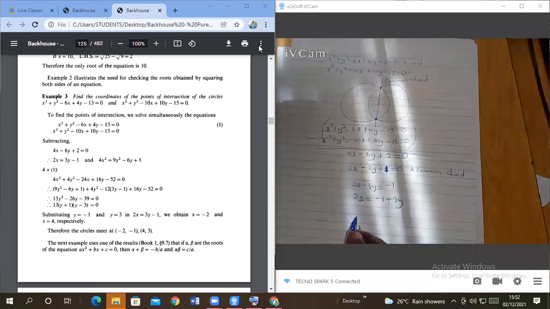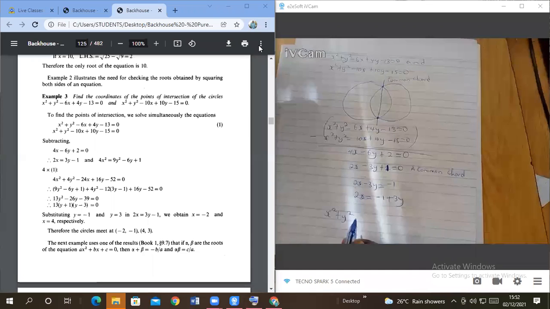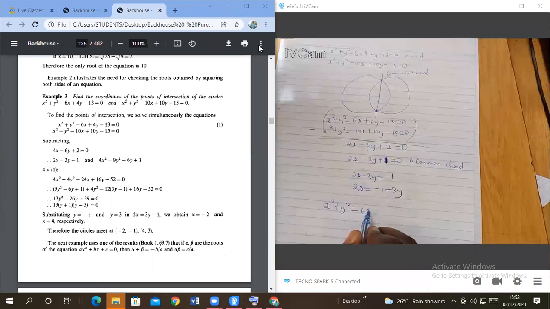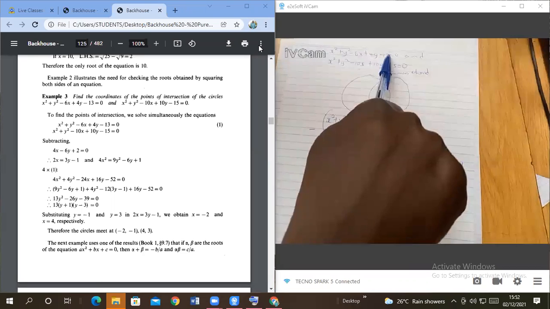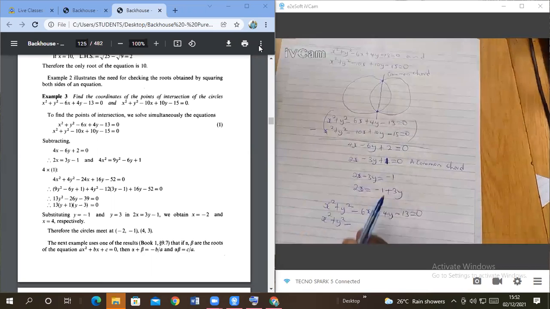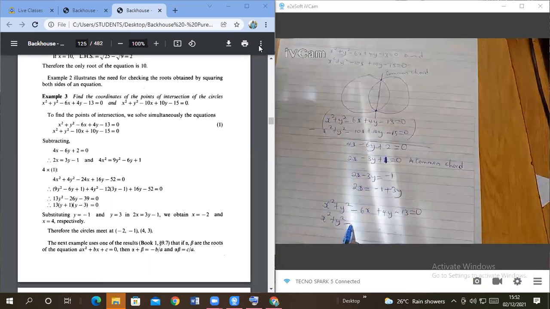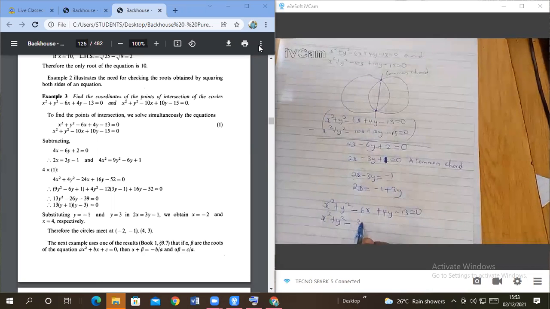We have x squared plus y squared minus 6x plus 4y minus 13 is equal to 0, equation 1. Now I'm going to redefine equation 1 so that I don't waste time making x the subject. I would say x squared plus y squared, instead of 6x, I would say 3 times 2x, plus 4y minus 13 is equal to 0.